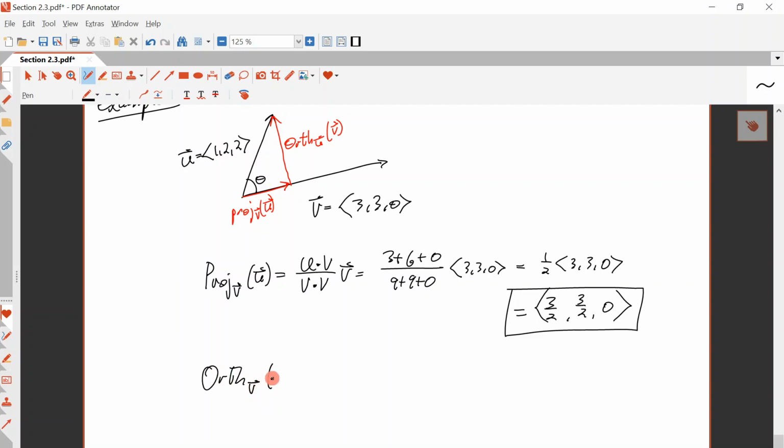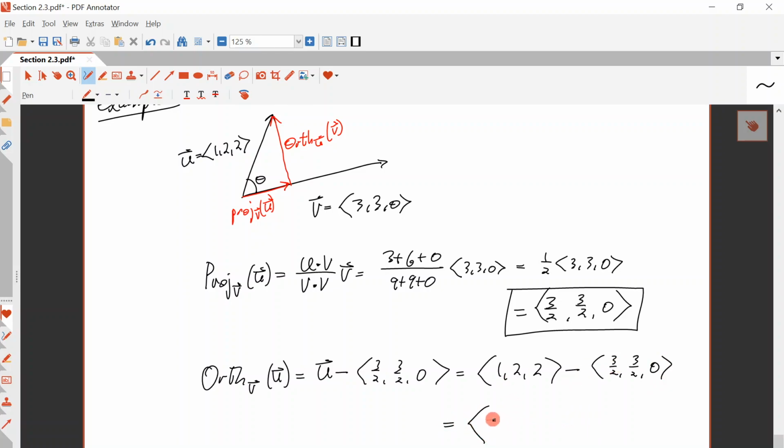The part of u that's orthogonal to v is just equal to u minus this one here, 3/2, 3/2, 0. So that's equal to 1, 2, 2 minus 3/2, 3/2, 0. So this is equal to 1 minus 3/2 is minus 1/2, 2 minus 3/2 is positive 1/2, and 2 minus 0 is 2.